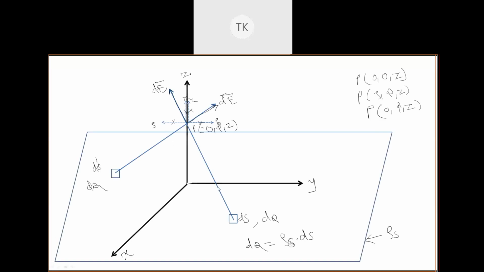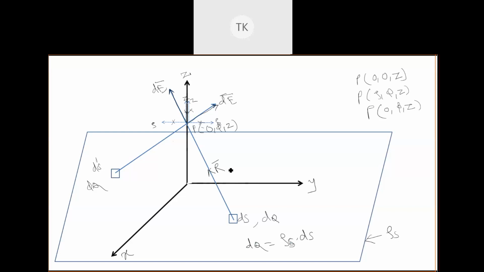This is point P, this is dq, the charge placed in a differential surface area here. So what will be the distance? It will be r, and this is vector r.